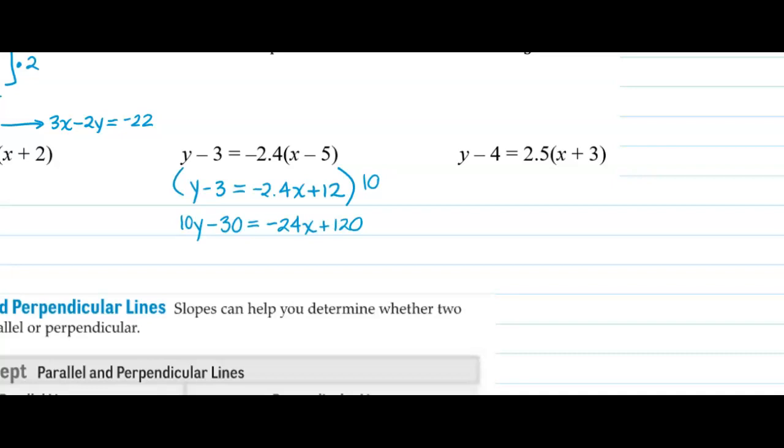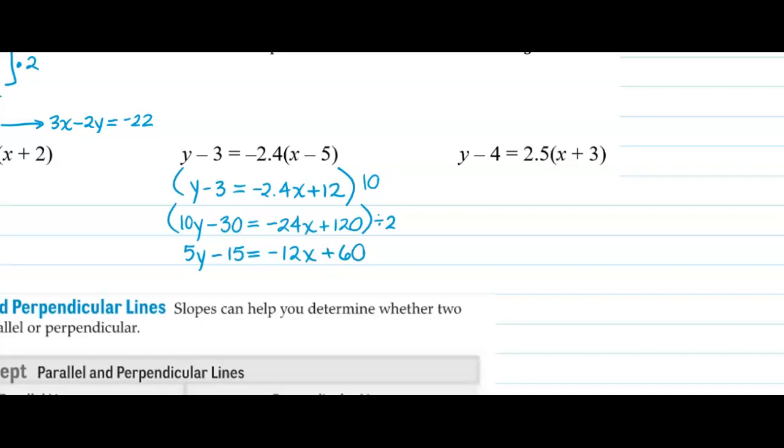But notice now, looking at this, there is a greatest common factor. All of these numbers are even. So I could divide all of them by 2. And I'm left with 5y minus 15 equals negative 12x plus 60.